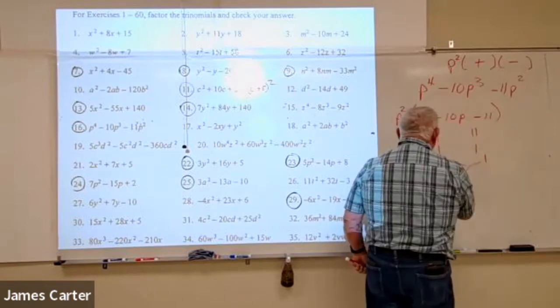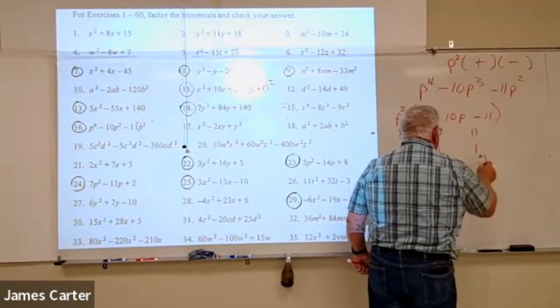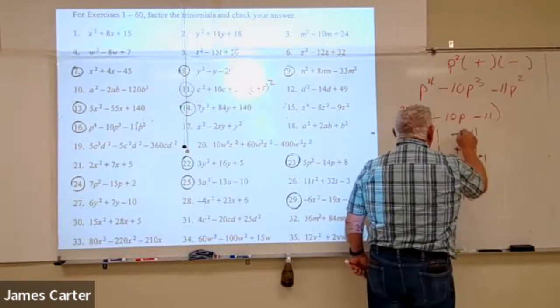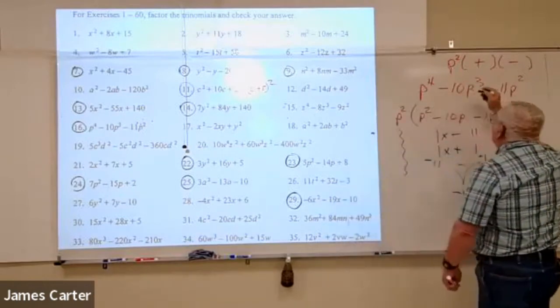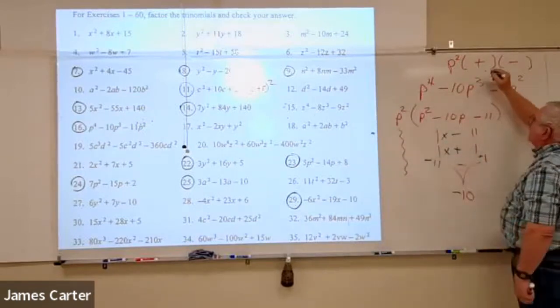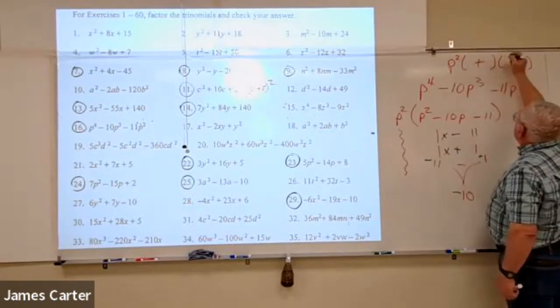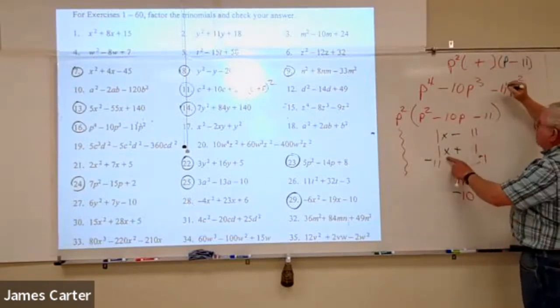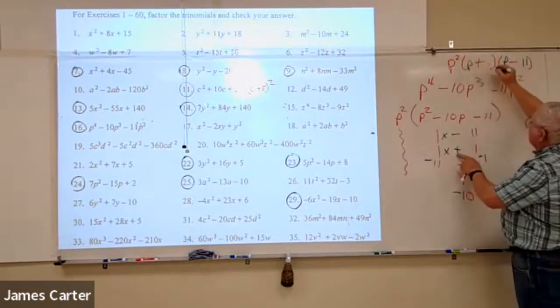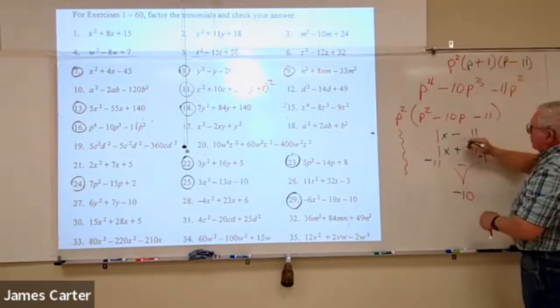So the biggest is negative, the littlest is positive. And here go the signs. Well, it's p's, not x's. p minus 11 and p plus 1.